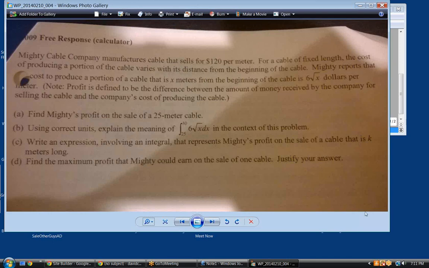All right, so let's think about this for a moment here. So this 6 root x dollars per meter is a rate. So if we integrate that function, we're going to get the total cost from, in this case, 25 to 30 meters.